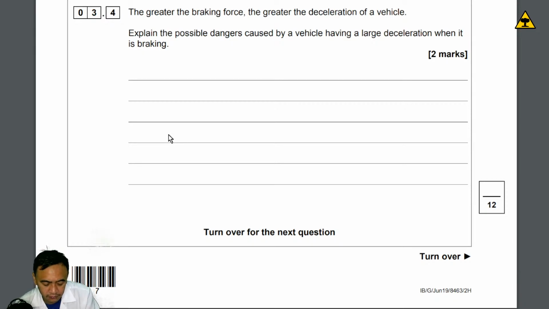Brakes overheating or brakes locking up. Okay, correct.